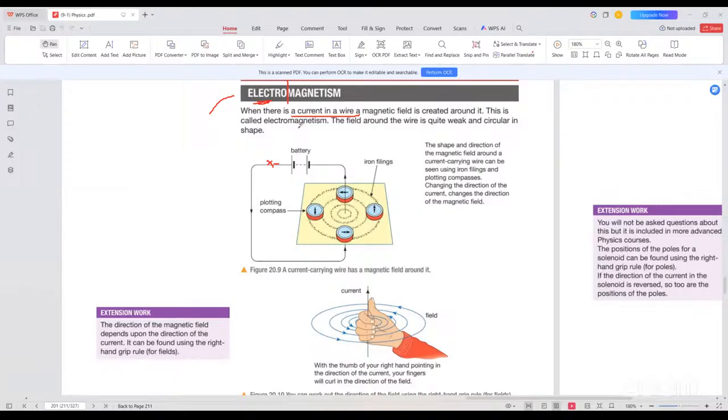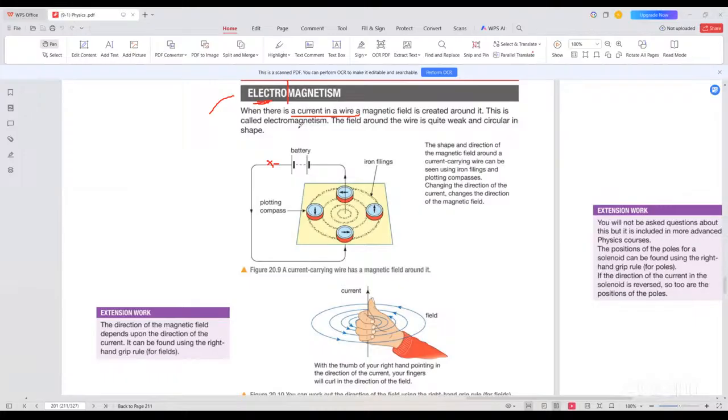Underline the term flowing current and remember that. It is not just the current, not just a wire. You need to have a flowing current through that conducting material.